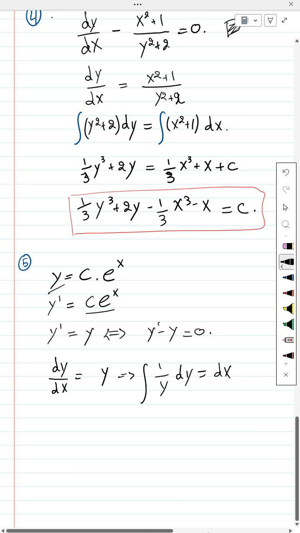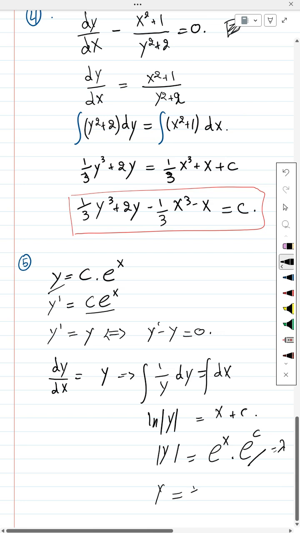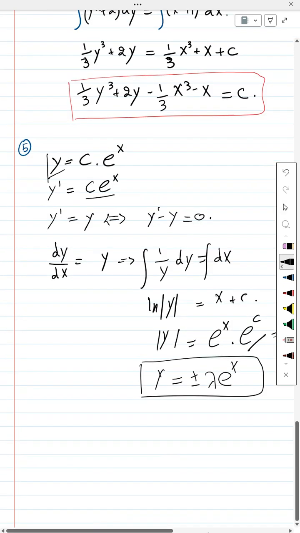By integrating both sides, we will end up with ln y is going to be equal to x plus c, and here the absolute value of y is exponential x times exponential c, and this is a parameter lambda. We will end up with y equals plus or minus lambda exponential of x, and this is the right solution that we started with, which is this one.